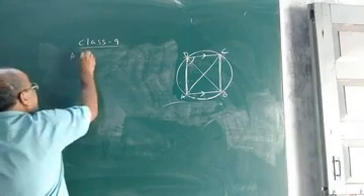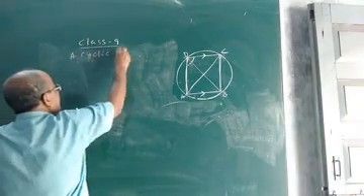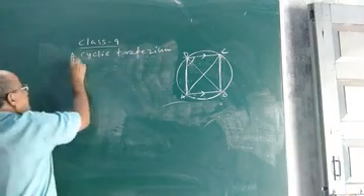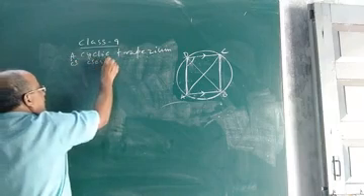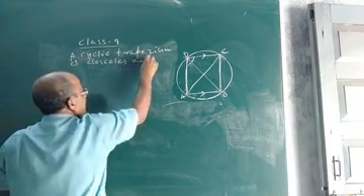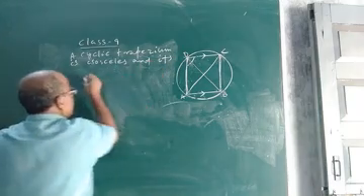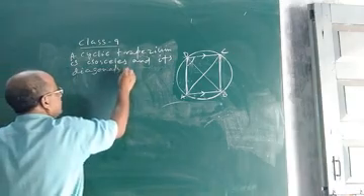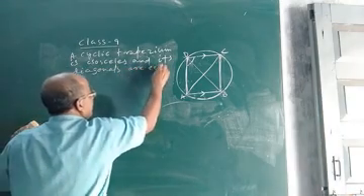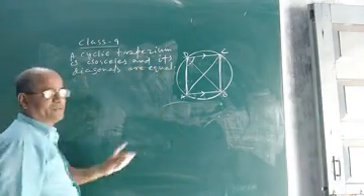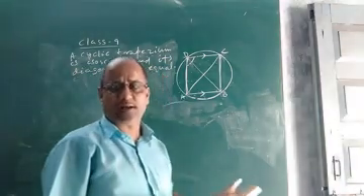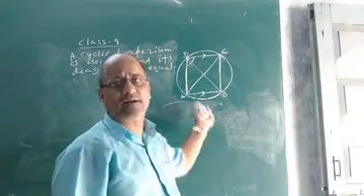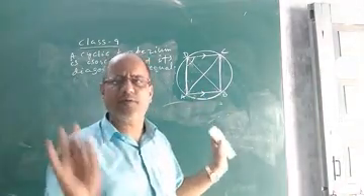A cyclic trapezium is isosceles and its diagonals are equal. This is one of the most important properties of a cyclic quadrilateral: if a cyclic quadrilateral is a cyclic trapezium, then it is isosceles and its diagonals are equal. So let us prove it geometrically.